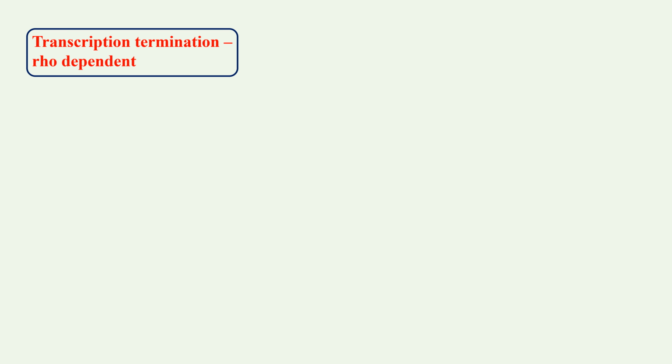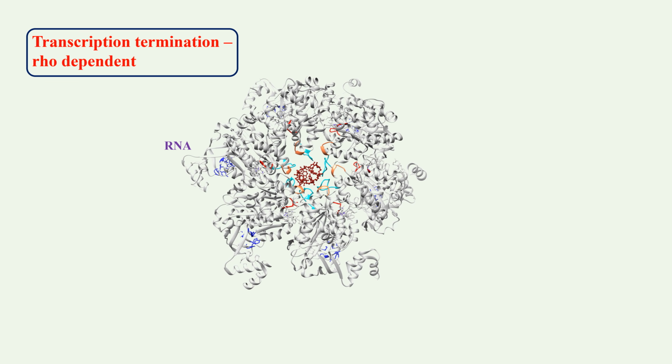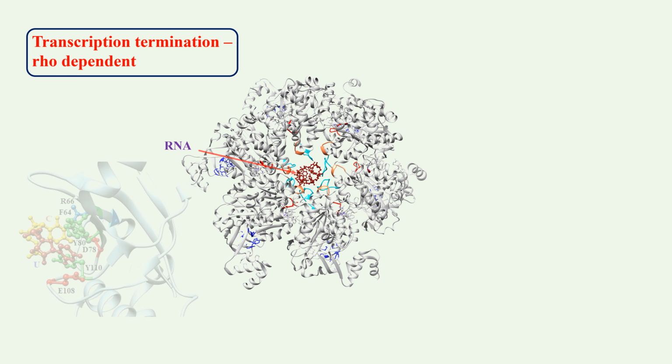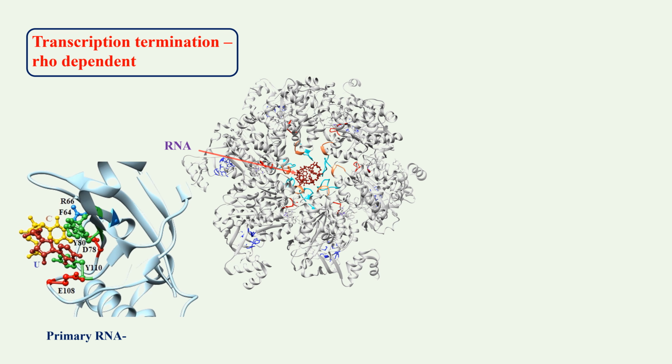The second mechanism of transcription termination is executed by the homohexameric helicase Rho. The enzyme binds to substrate RNA. There are two levels of binding, primary and secondary. The primary binding is at rut sites of RNA.